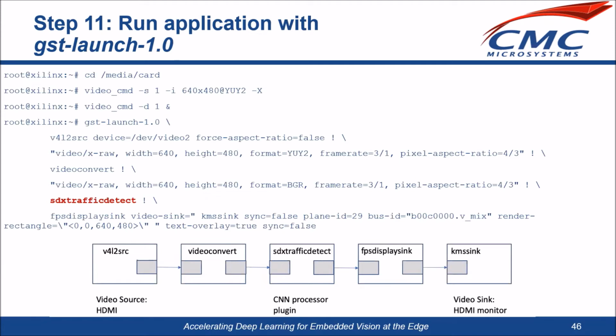So there's a few commands. The video command sets up the video input and output, and then the GST launch will set up the pipeline and start the pipeline processing. So again, you see the video source from HDMI conversion, and then the CNN processor plugin outputs to the frames per second display block, which then outputs to the HDMI monitor.